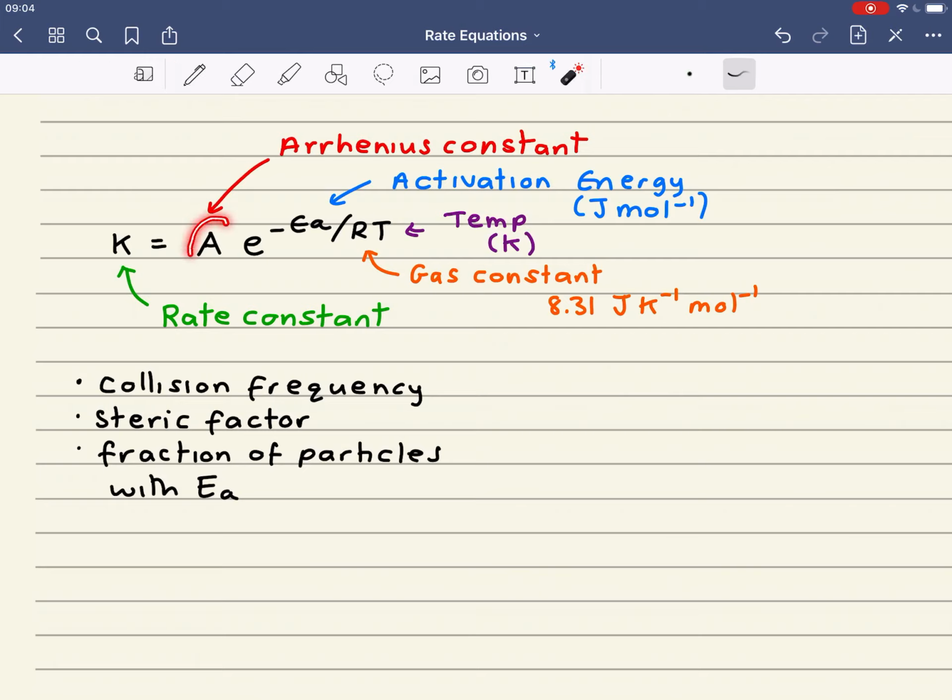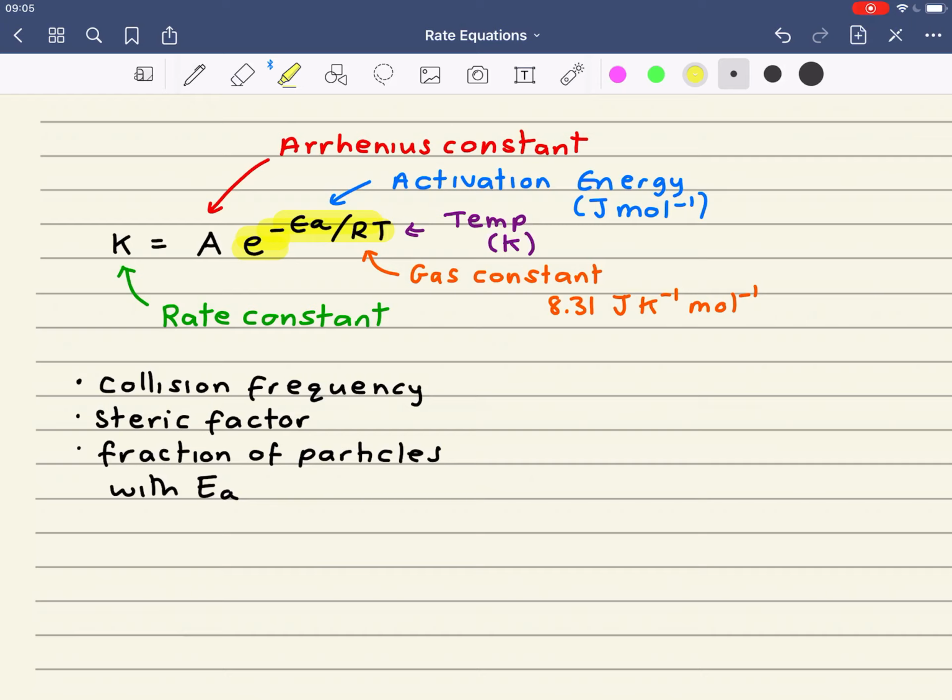The A value here, this Arrhenius constant, is actually a product of the collision frequency and some steric factor. What I'm going to highlight here now in yellow, that term there, is the fraction of particles with activation energy.